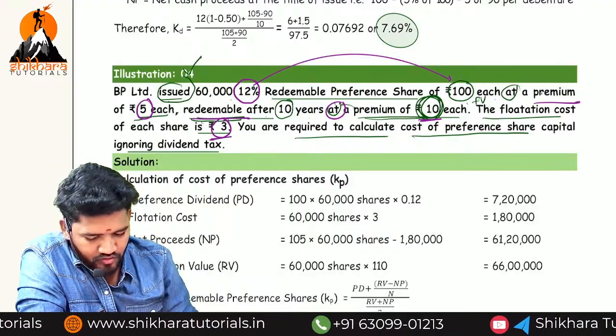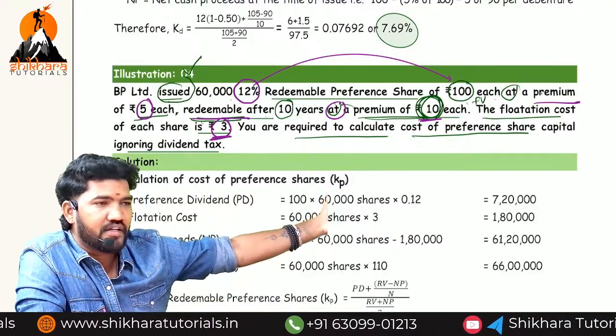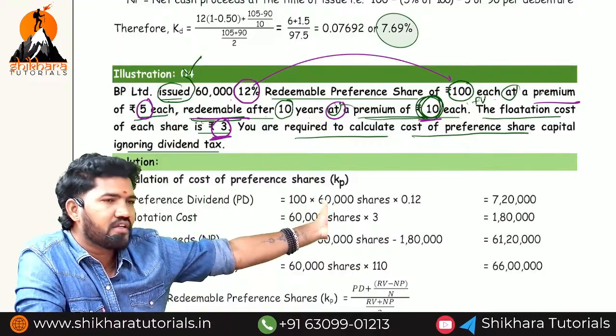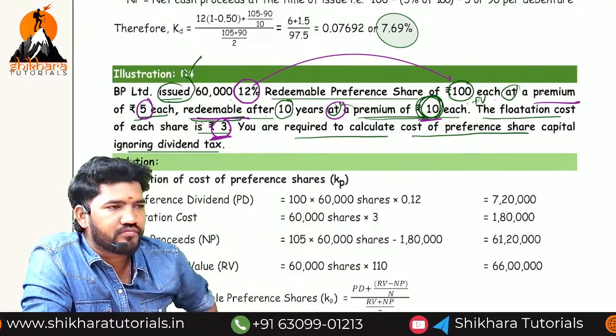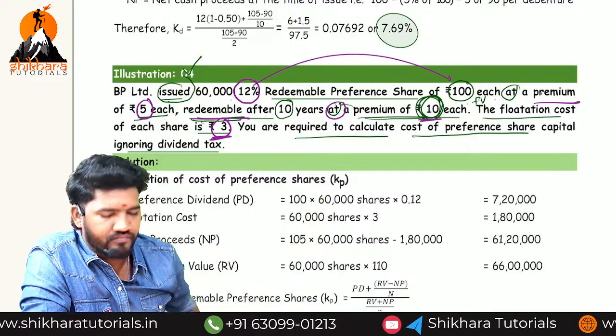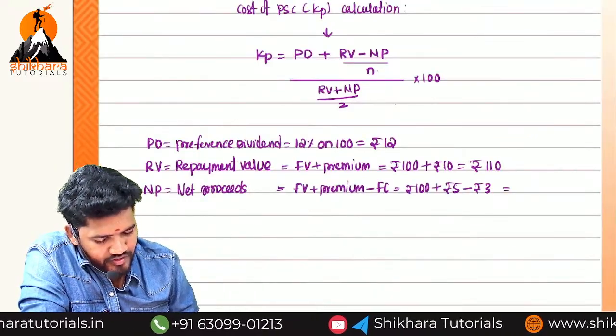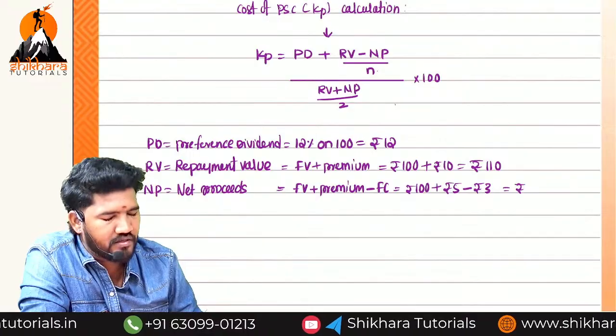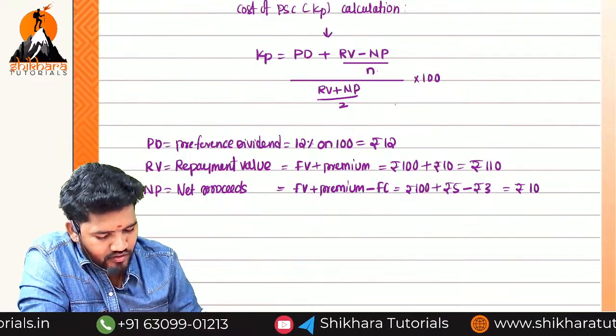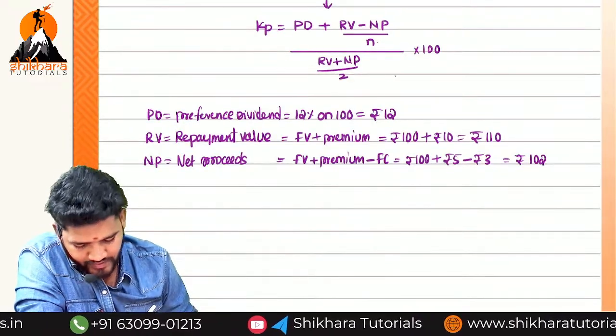Observe, the flotation cost is in the third sentence, out of flow. If you miss that, your entire calculation will be wrong. Are you clear now? Now see, minus 3 rupees. Now how much net you received per preference share? 102.